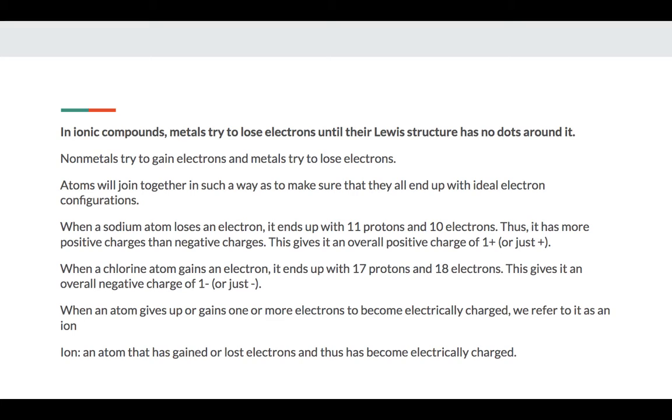Because when it gave away an electron, it became a 1 plus charge, so it became an ion. Same with chlorine. Chlorine gained an electron, so it gained a 1 minus charge and thus became an ion.